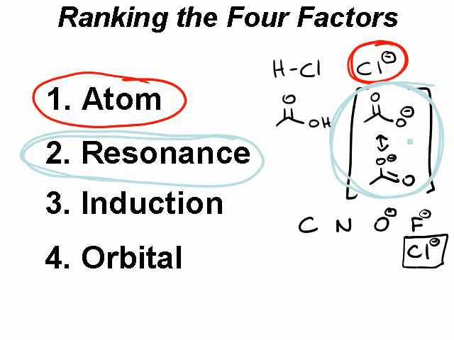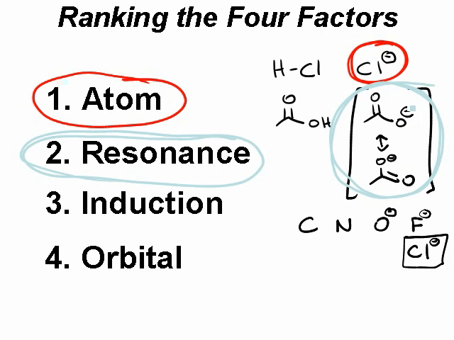So which one of these factors wins out? Which one is the dominant factor? Is it better to have a negative charge on a chlorine atom, which is more stabilized than an oxygen? Is that more important? Or is it more important to have a negative charge spread out by resonance?